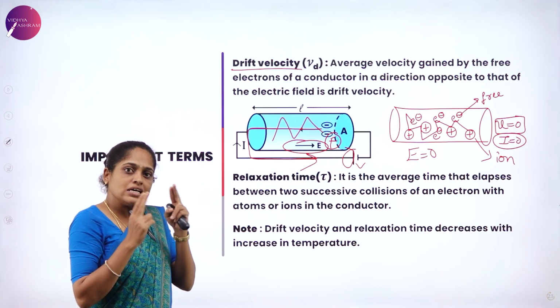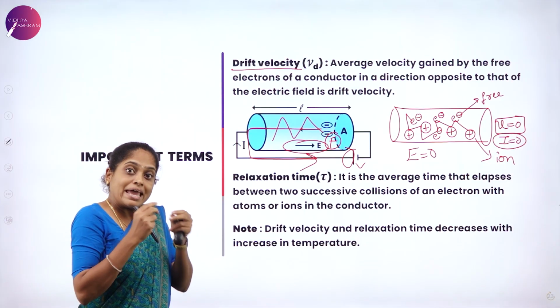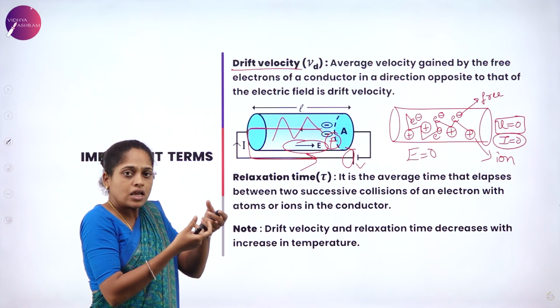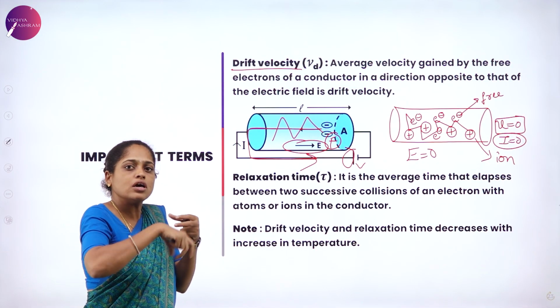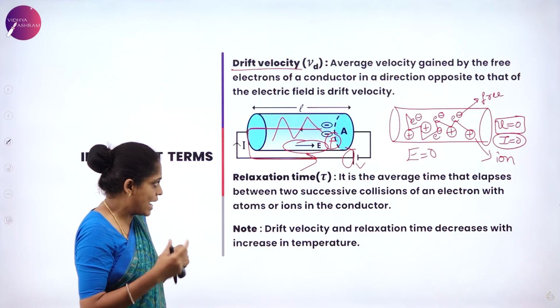Although they continue in the zigzag path, they move towards the directed or preferred direction, that is, towards the positive terminal of the battery.